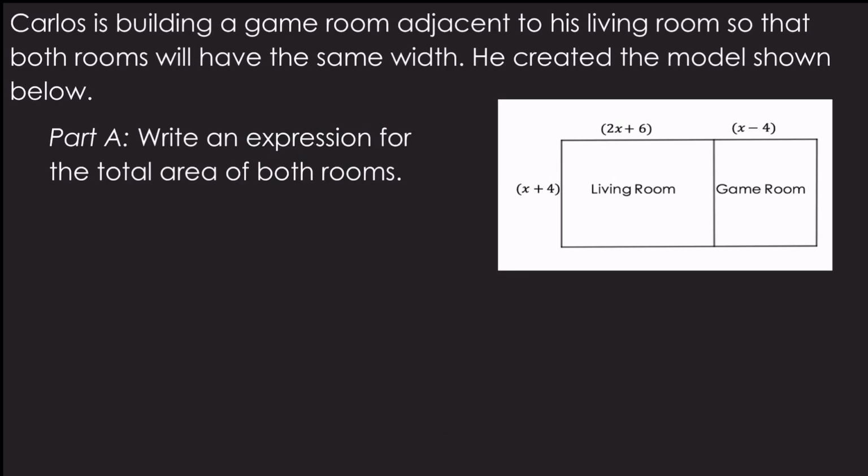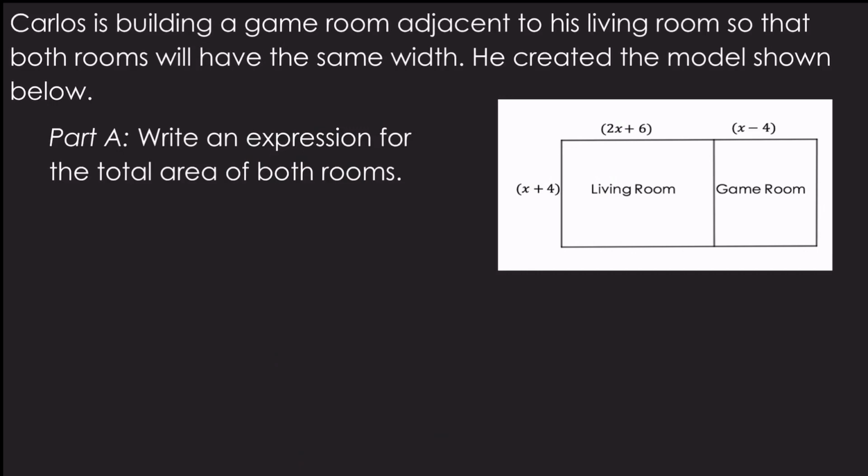But I wanted to touch on this only because this problem kind of takes into what we did last week with the distributive property when we do our either box method or our distributive property method of binomials and our adding of polynomials. So here they give you an example of what he's building.